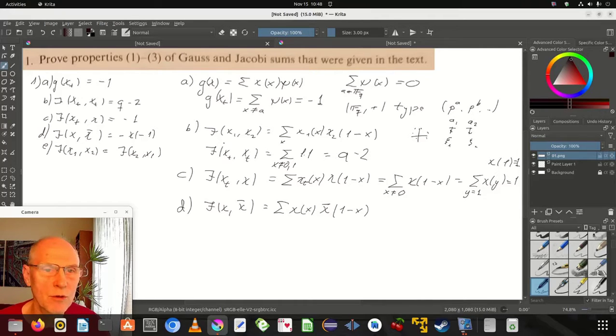This is obvious because the definition is symmetric. So we just change variables, setting y equal to 1 minus x, then x is 1 minus y. So that's pretty obvious. So back to this guy.